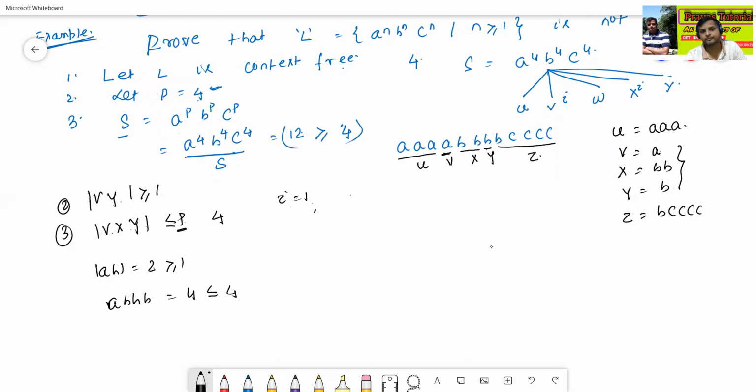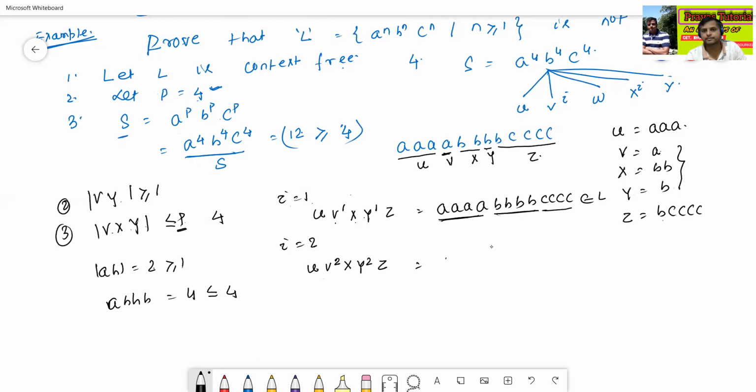Now I'll find u v^1 x y^1 z: u is AAA, v is 1 A, x is 2 B, y is 1 B, z is B and 4 C's. So this contains 4 A's, 4 B's and 4 C's. So it belongs to L.